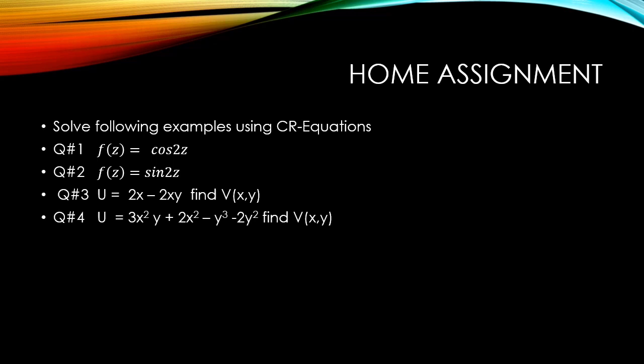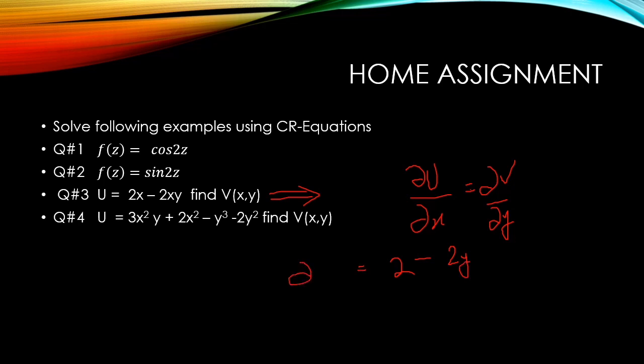I told you that we have the equation ∂u/∂x is equal to ∂v/∂y. So firstly we have to differentiate this whole equation with respect to x. The derivative of 2x is 2, minus the derivative of 2xy, which is minus 2y, and this is equal to ∂v/∂y, because we have to find the value of v.